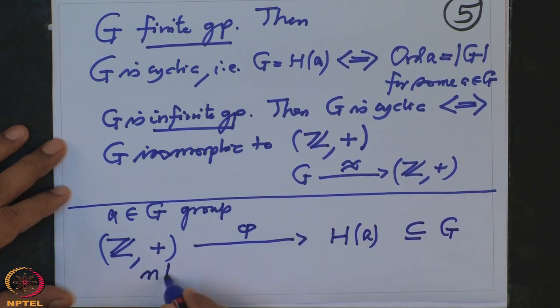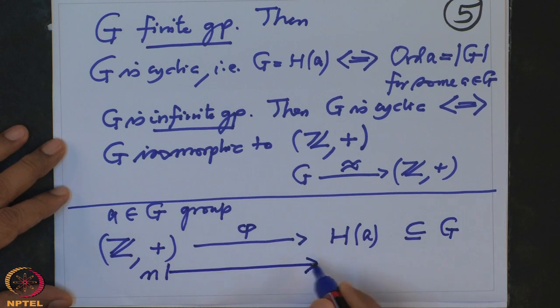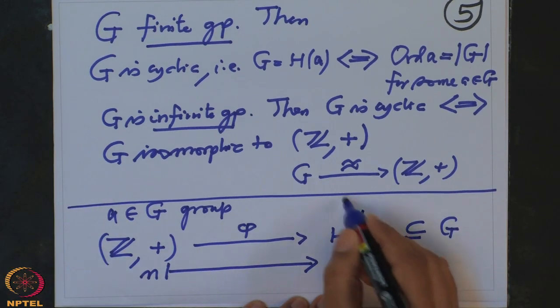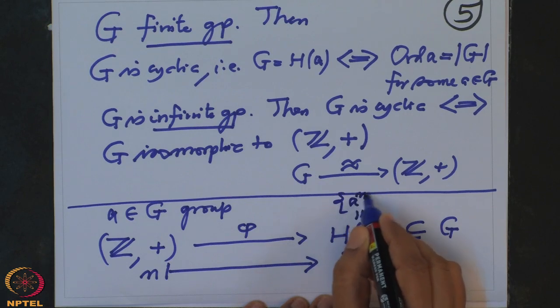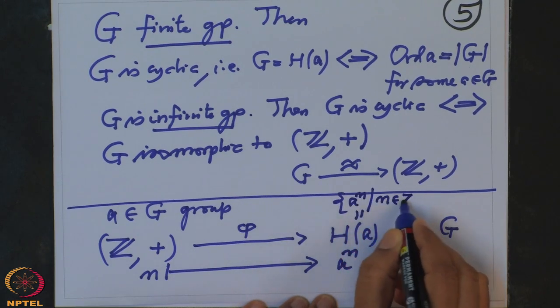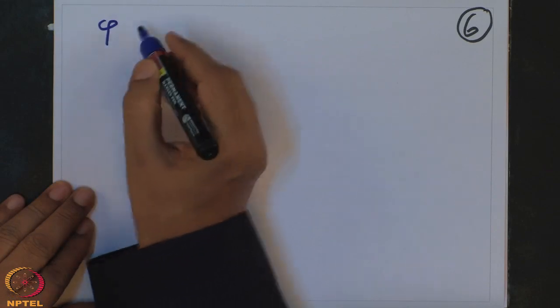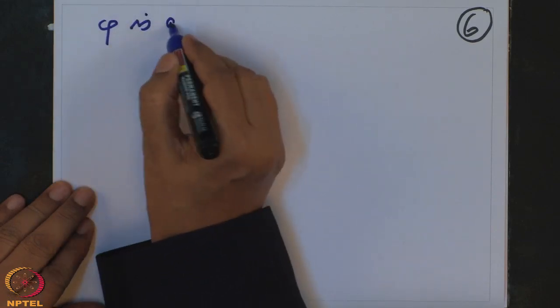Any n goes to A power n. This H of A is by definition A power n, as n varies in integers. So, we have a natural map. It is obvious that this phi is a group homomorphism.